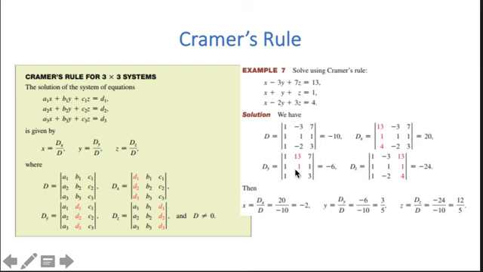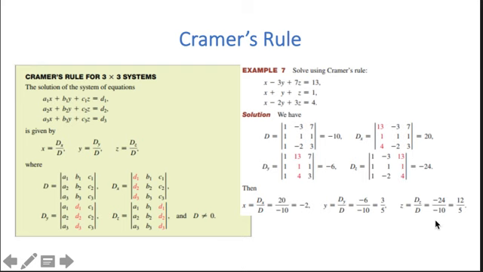Now, for the determinant of the y matrix, you take all the y's out and put the constants in. So I put 13, 1, and 4 where y was, and the x's and the z's remain the same. And for D sub z, we do the same thing, but we substitute for the z column.